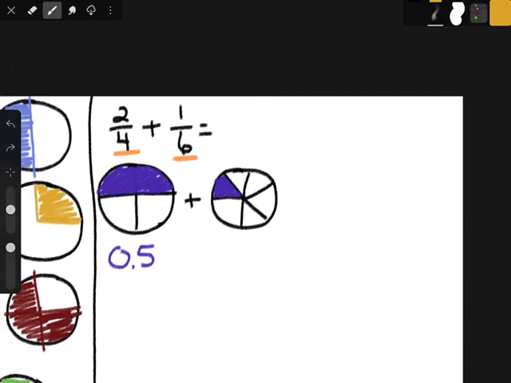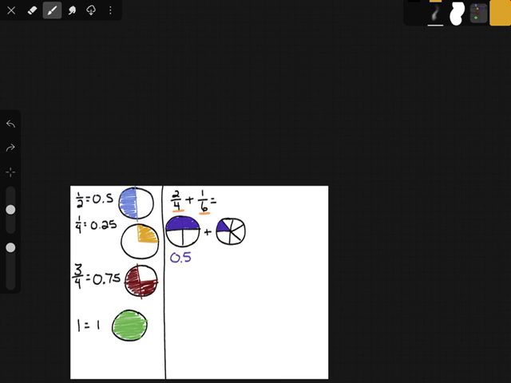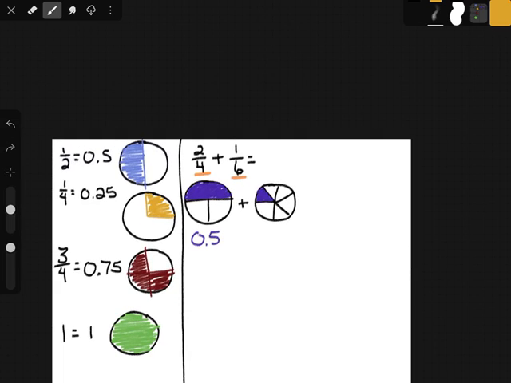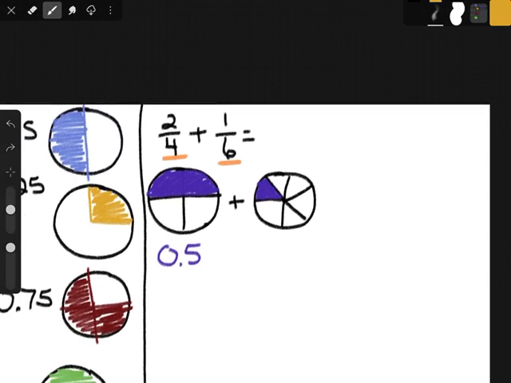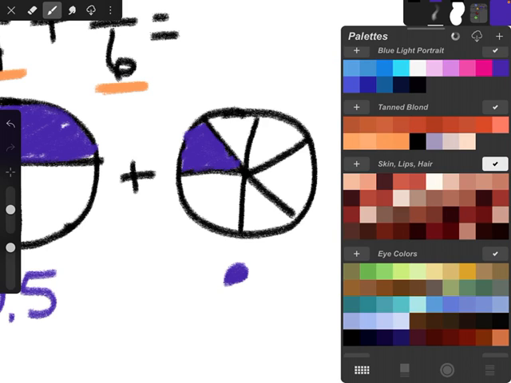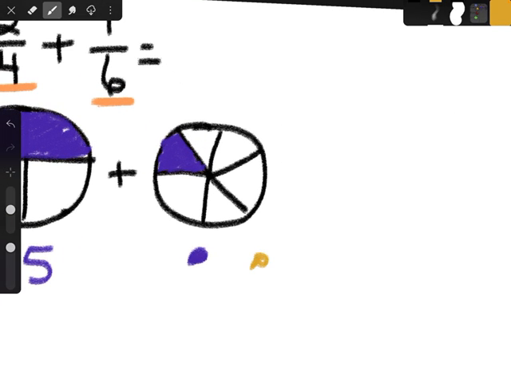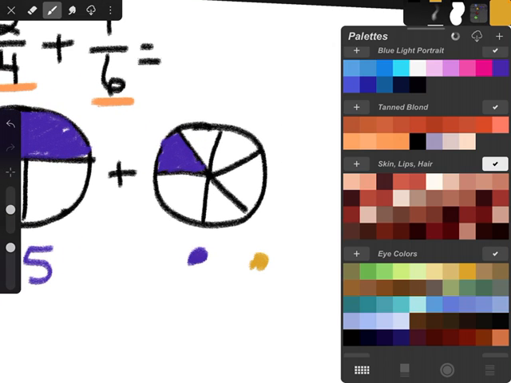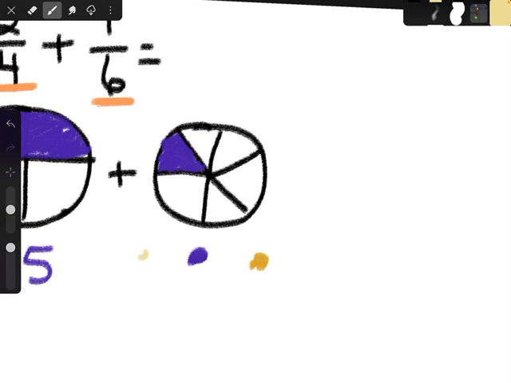So that means, because we ran out of pies, we don't know exactly which pie it is. We just know that it's smaller than all of these. So this pie is smaller than this pie, but bigger than 0, because 0 is like we have nothing.